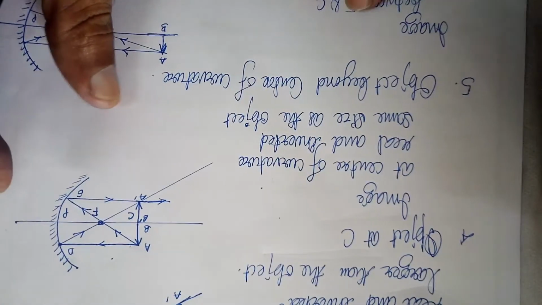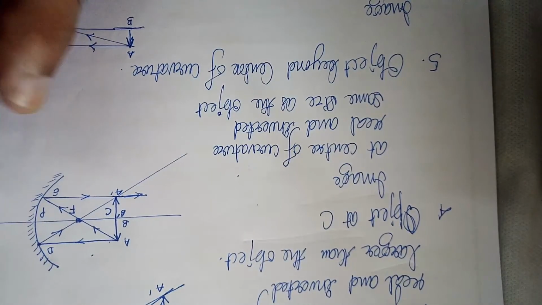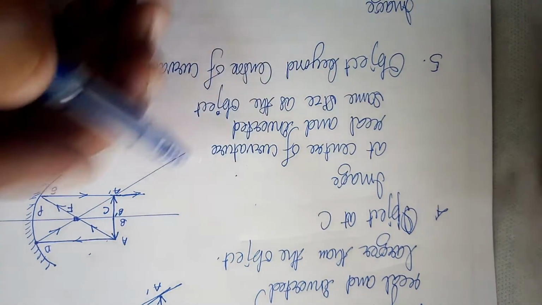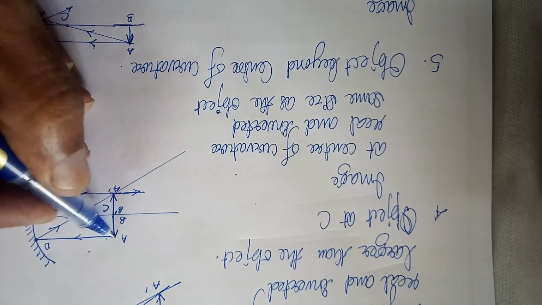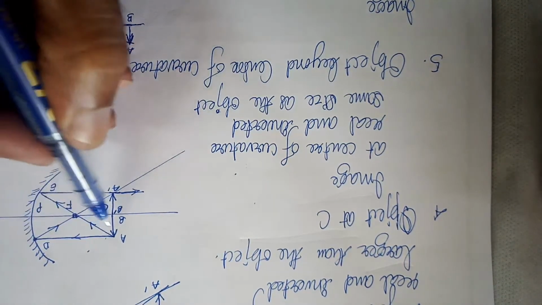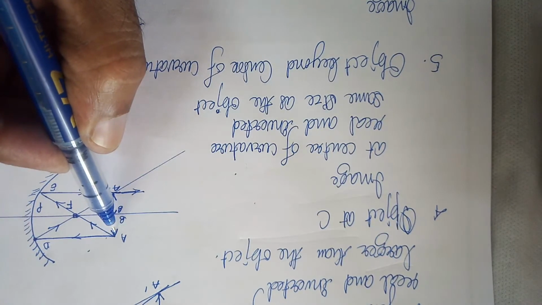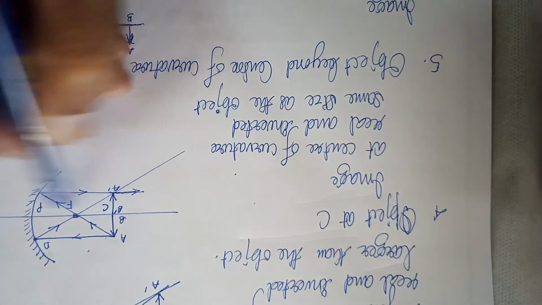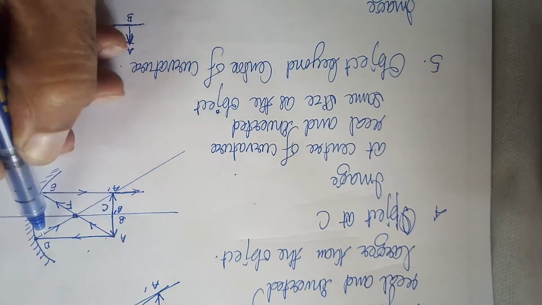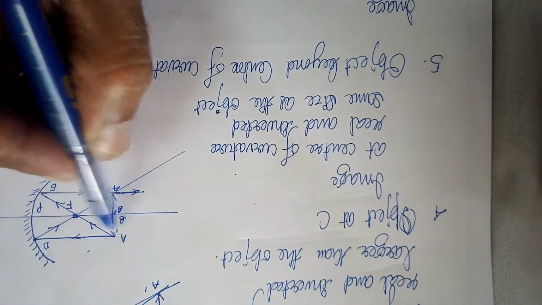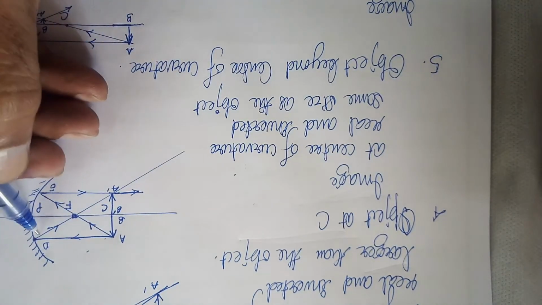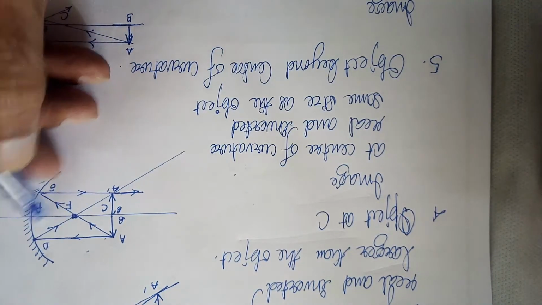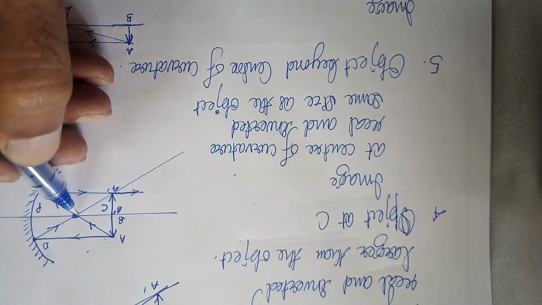Now, when we consider the object is at the point C, the center of curvature. If an object is placed at the center of curvature, what type of image is formed, we have to see. An object AB is placed at the center of curvature. We can see a ray of light which is parallel to the principal axis and it is hitting at D. AD is the incident ray and it will get reflected through the path DA dash, passing through the focus.